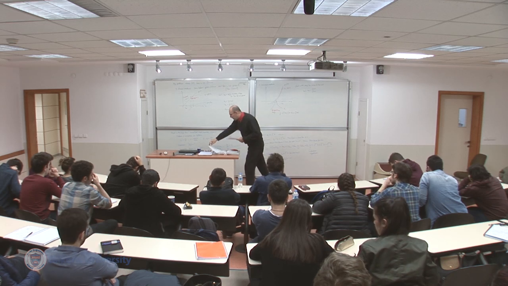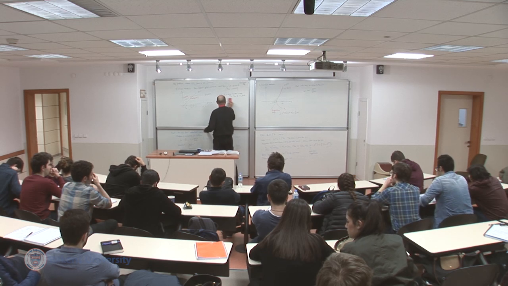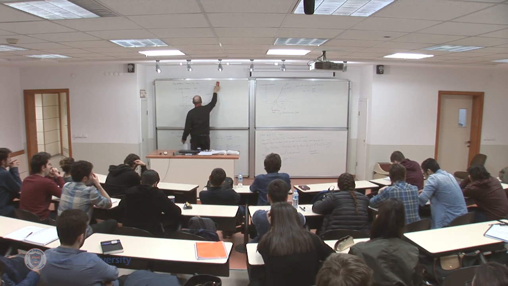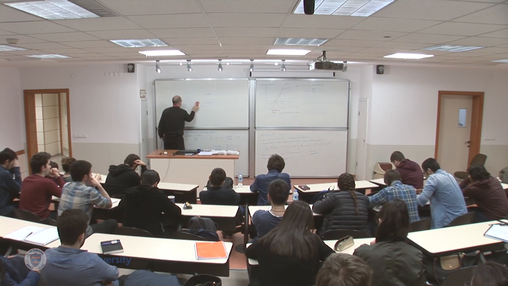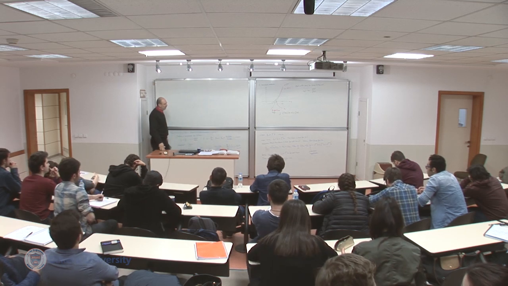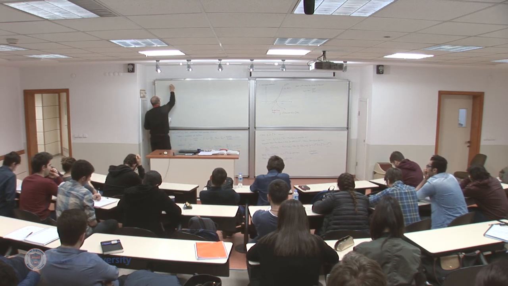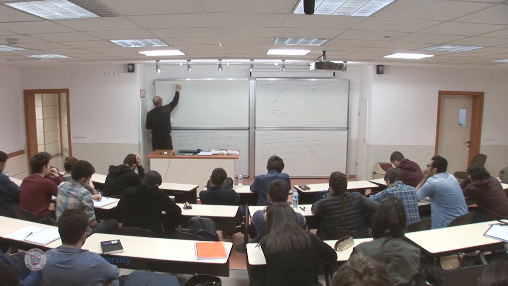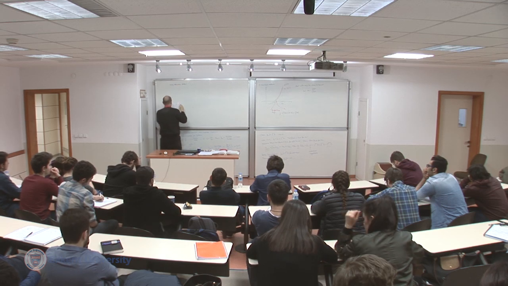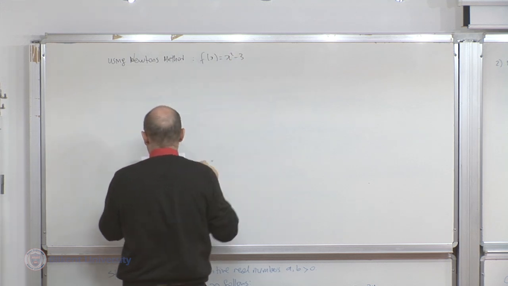So let's use Newton's method to solve a particular problem. I'll try to find the square root of 3. And this is going to be a demonstration of how induction is used. So using Newton's method, f of x is equal to x squared minus 3.